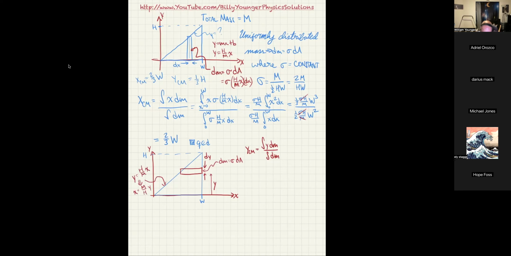In other words, if you're asking for a particular x value for a given y, I can just plug in that y, multiply it times m, divide it by h, and that'll give me the x. So that is a way that I can actually find the width of this rectangle. This is the value x, and this is the value of the width of the rectangle. So the width of the rectangle can be thought of as w minus x.